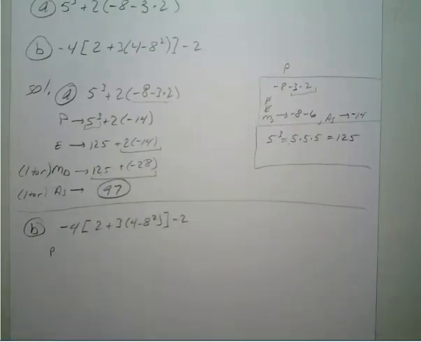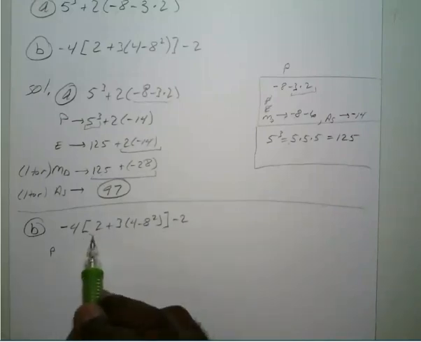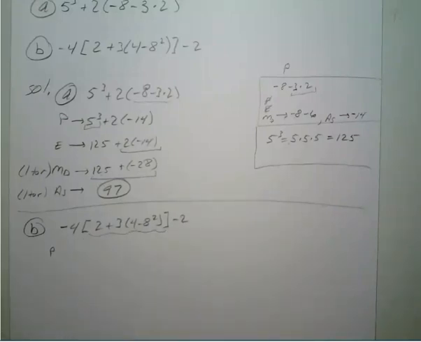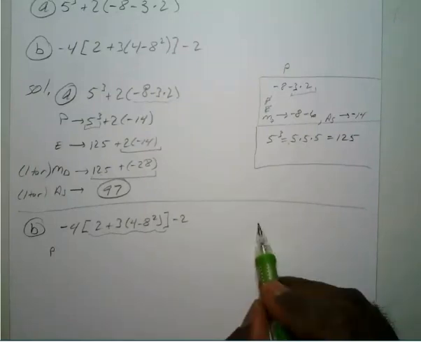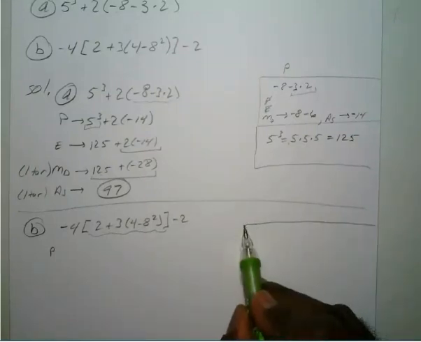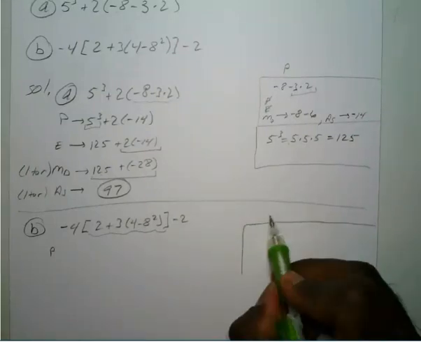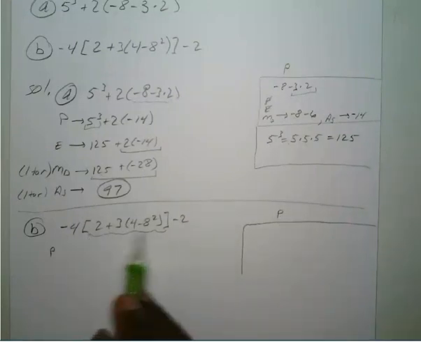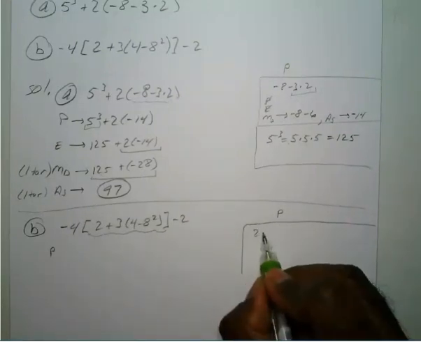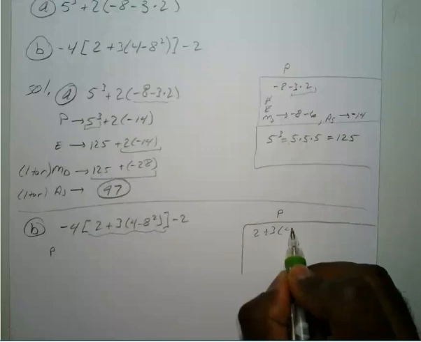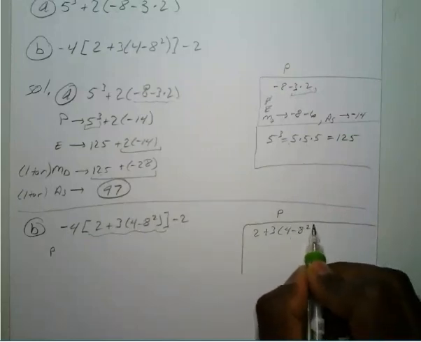We see we have not only parentheses, but we have brackets. So everything in here falls under that grouping symbol. Once again, we go to the side and solve what's in there. Inside of our grouping symbols, we have 2 plus 3 times (4 minus 8 squared).